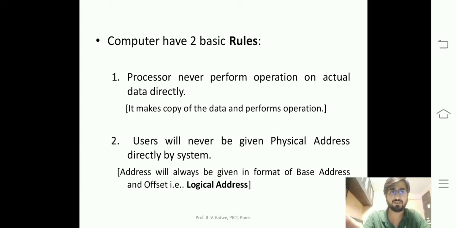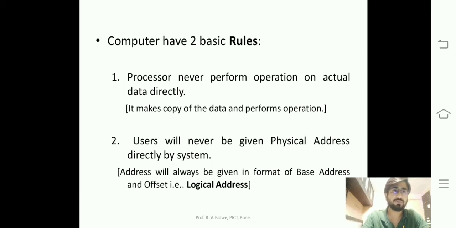When you change the hardware, mainly the processor or microprocessor present in a system, the method of calculation, that is, converting the logical address to the physical address, will change. For every processor it will be different.